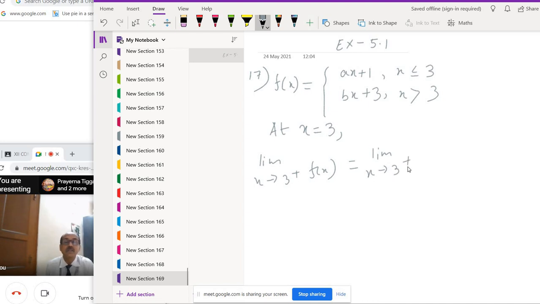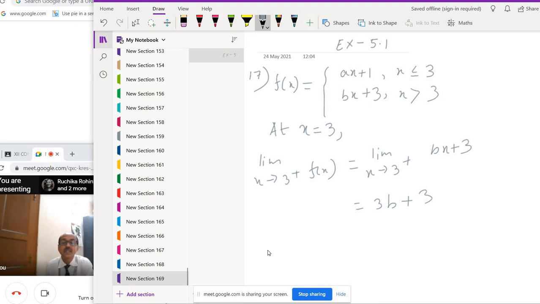And f(x) for greater than 3 means bx plus 3. Now put x equal to 3, so 3b plus 3. So this is the value of the limit as x tends to 3 plus, that is the right hand limit.